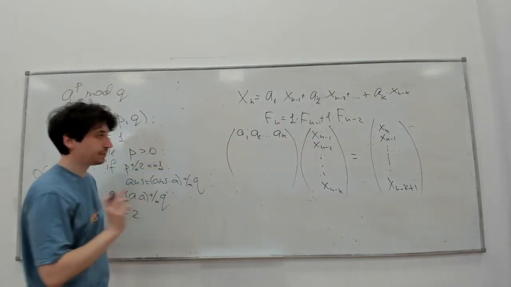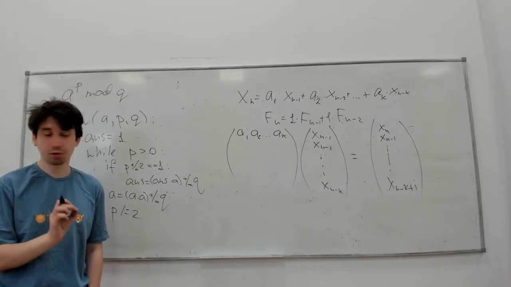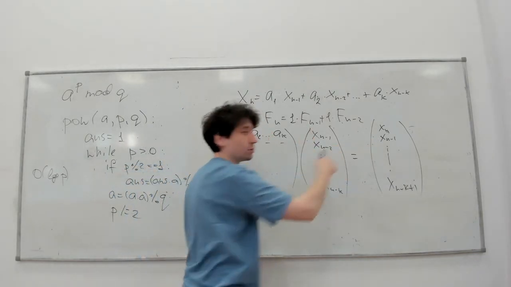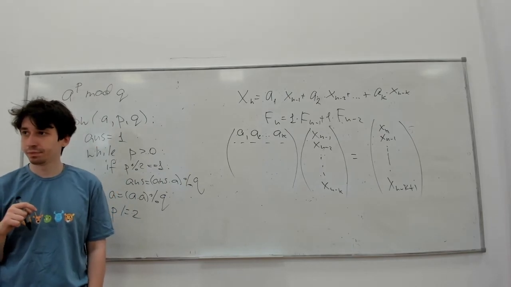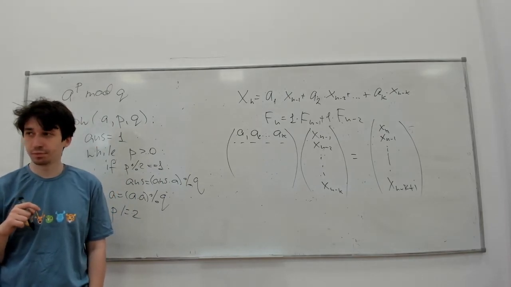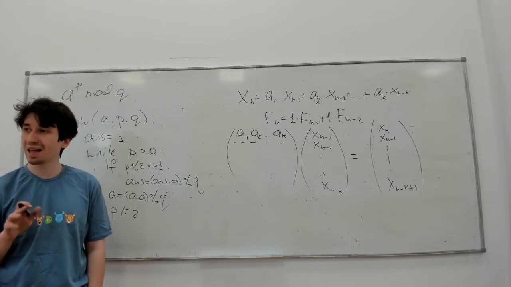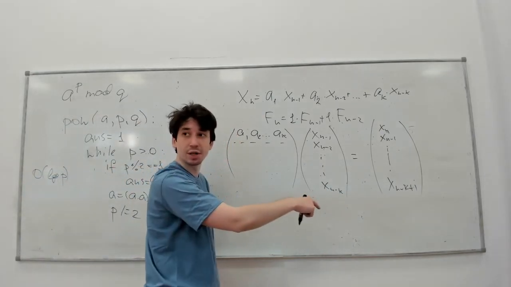Okay. Then you have to find such a row that multiplying by this row it will give us xn minus 1. E2. Not necessarily. That's not a good idea because we don't have xn minus k minus 1 here.